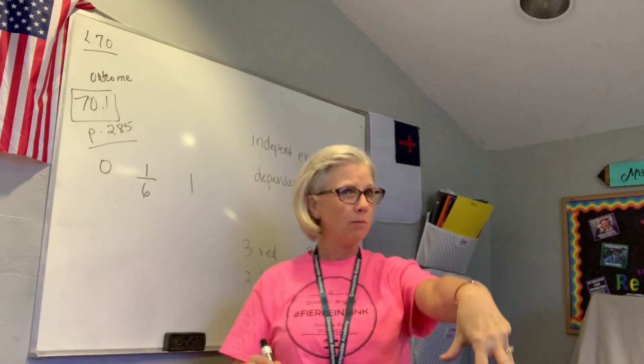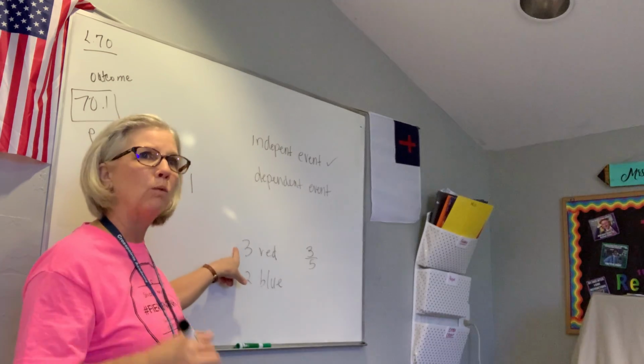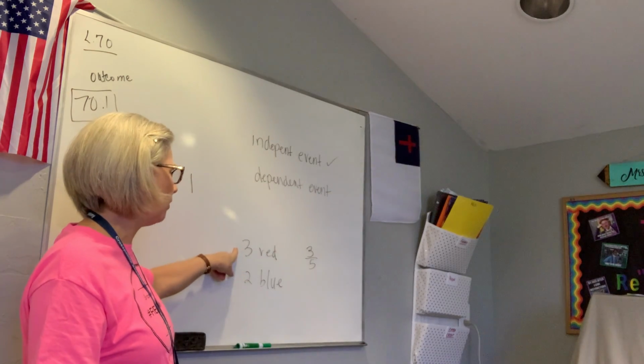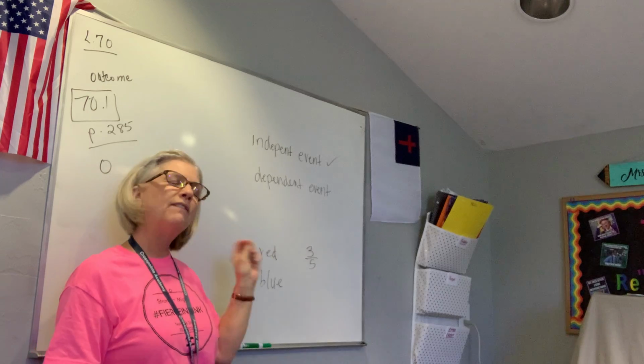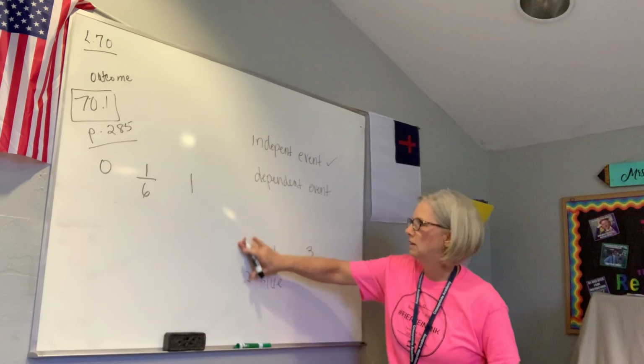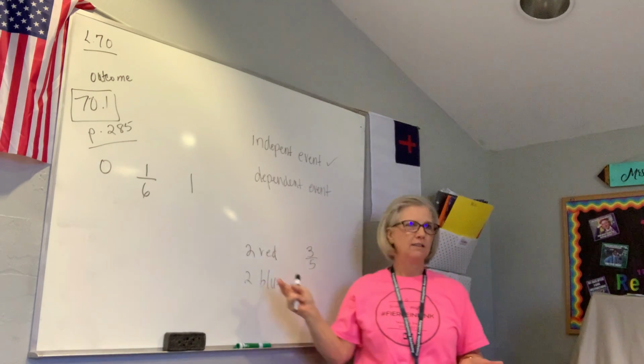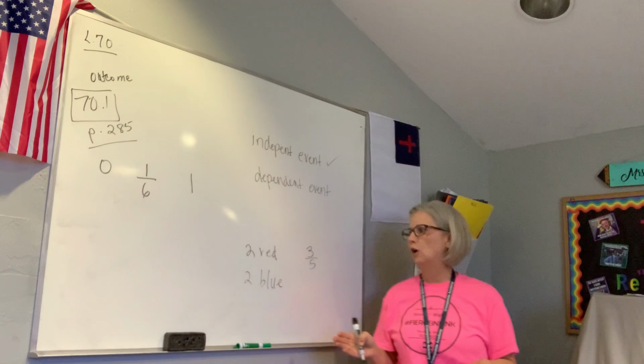If I put that red marble back in and I ask the same question, you're going to answer the same way. What are my chances of pulling a red marble out? You're going to say 3 and 5. But if I don't put that red marble back in, what happens now? 1/2. Okay, so my chances are now 2 and 4, which is 1/2. We always do reduce it.